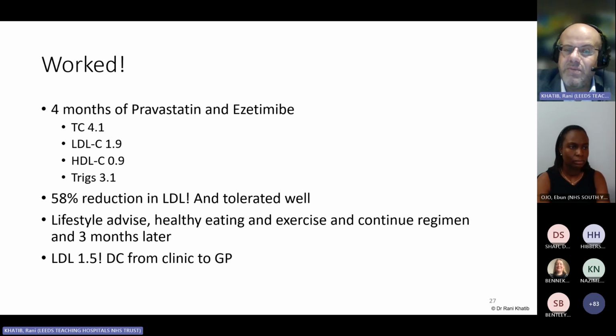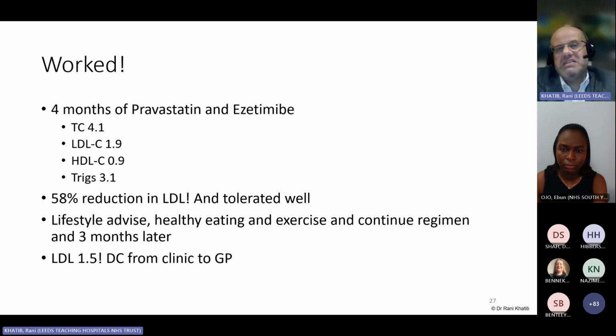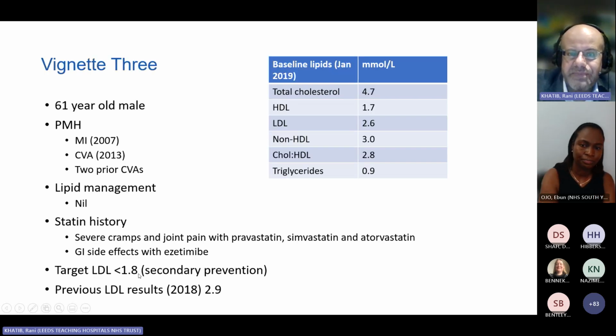But as you get to know them and they trust that you're there to support them and you're not dismissing any of their side effects, they seem to be more reasonable in accepting whether the side effects they're reporting are or aren't related to the actual tablets they're having. So this is an example of a second case, if you like, where we had to navigate something a little bit more, build rapport and deal with that.